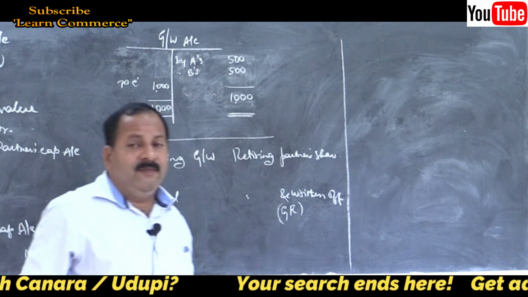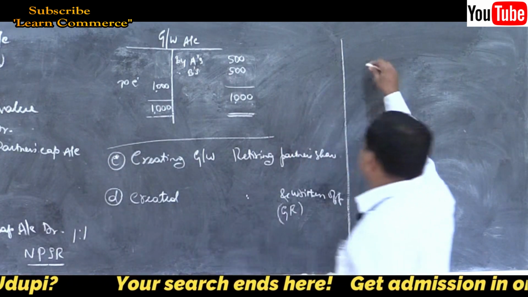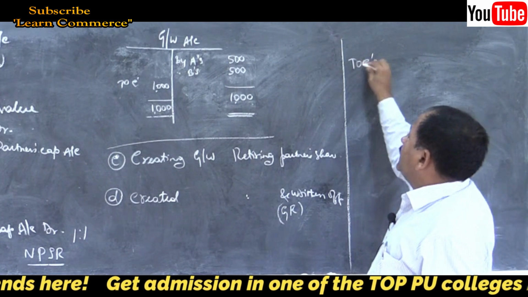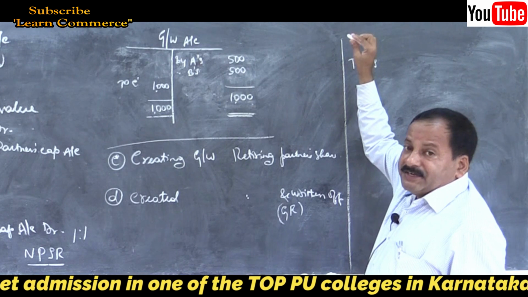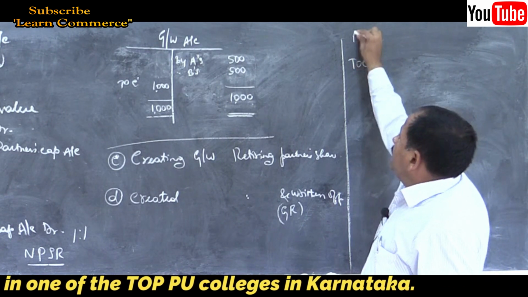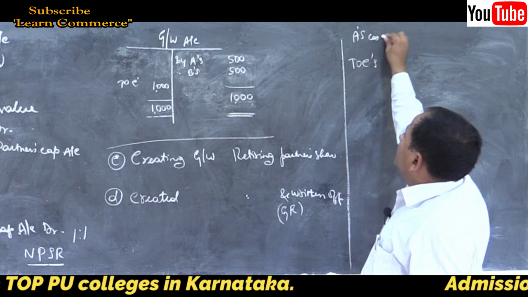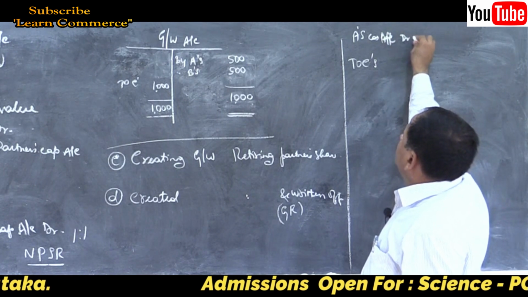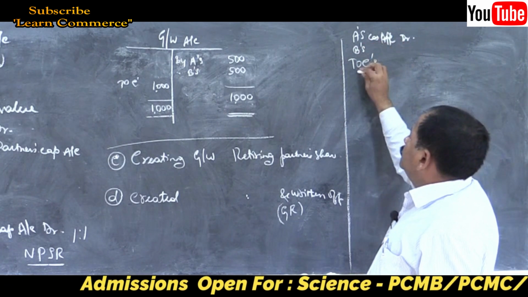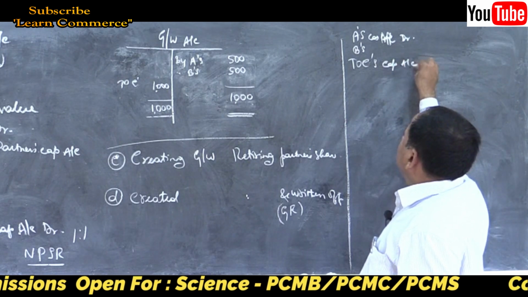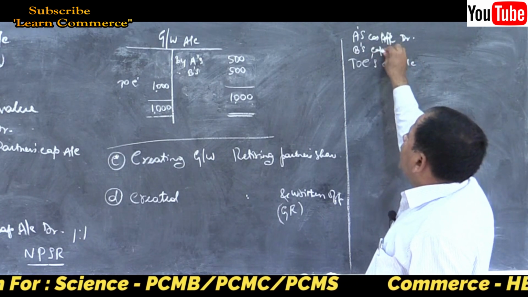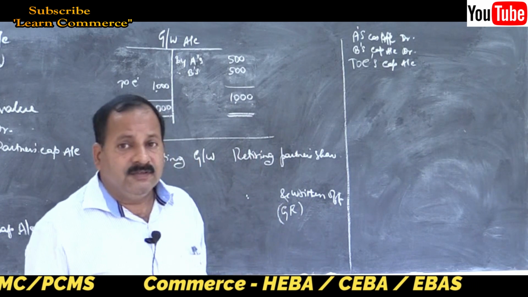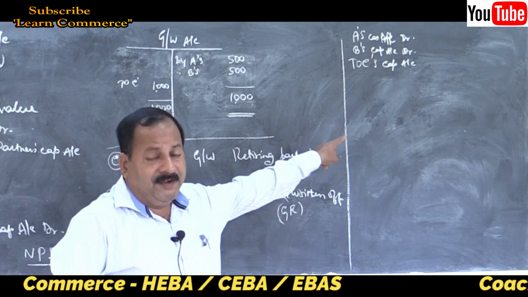We will give credit to the retiring partner, that is C's capital account is credited, and the old partners, that is continuing partners' capital account, will be debited. A's capital account debit, B's capital account debit to C's capital account. This is what we will do. So this is how the goodwill treatment will be under the last method.